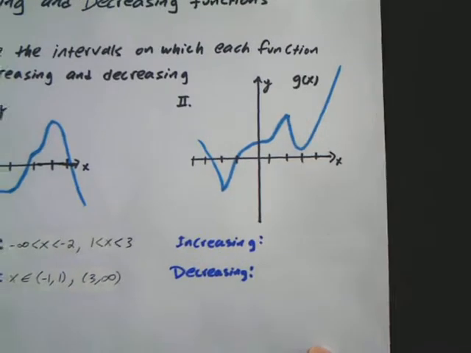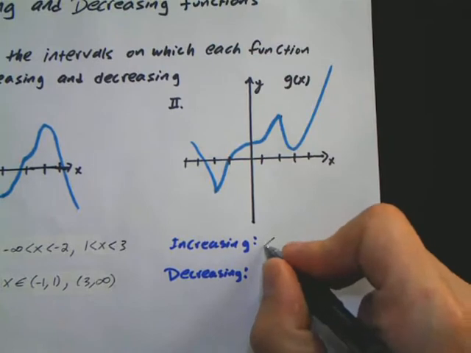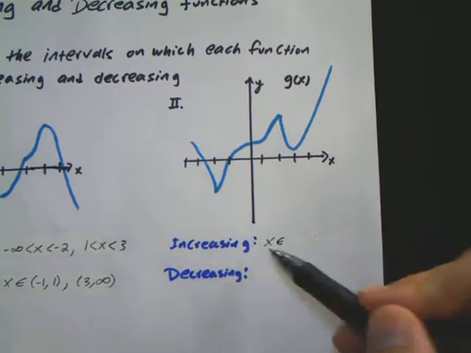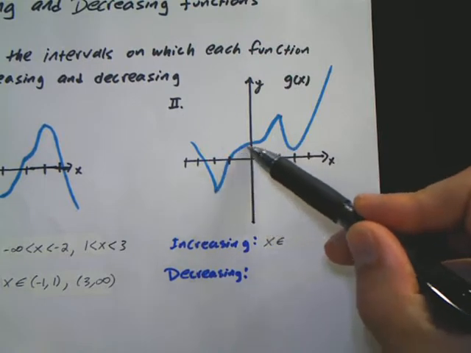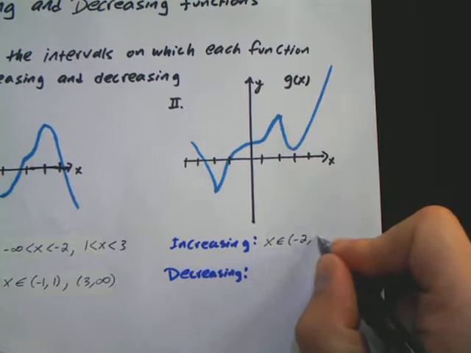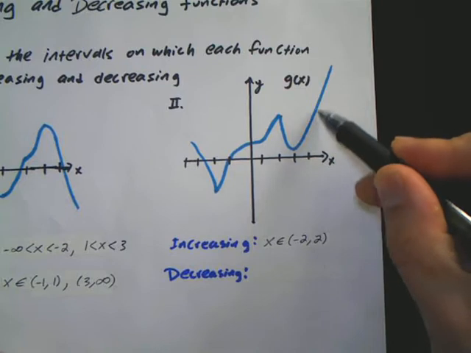For g of x, for it to increase, I'm going to switch to the fancy mathematical notation. X is an element of. Increasing means that it's going up, so it's going up from negative 2 until positive 2. And also increasing, going up from 3 to infinity.